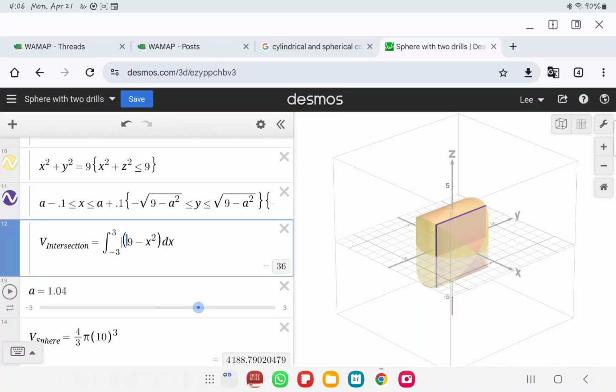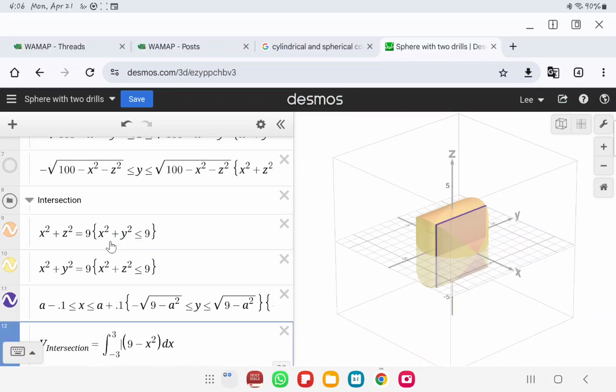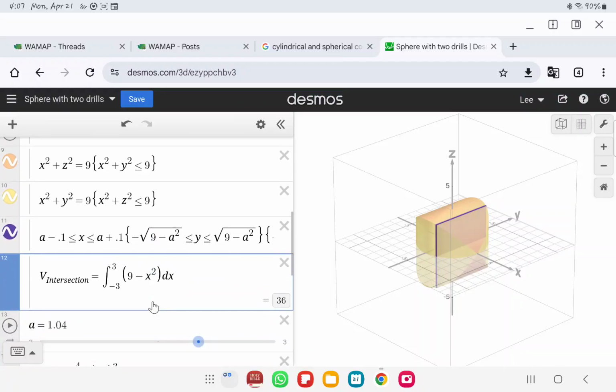Normally we would have that square root of 9 minus x squared if we solved for either the y or the z, either one. But then we're going to square it because we have a square, right? So volume of a square, we got that length. That's going to get squared. So that square root will get squared and just leave us with the 9 minus x squared. So there's that piece.